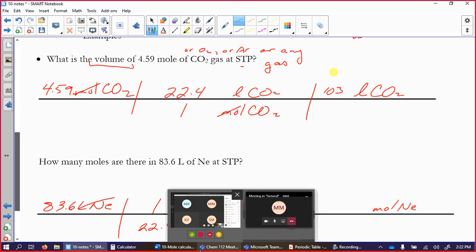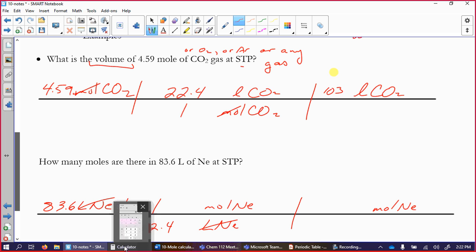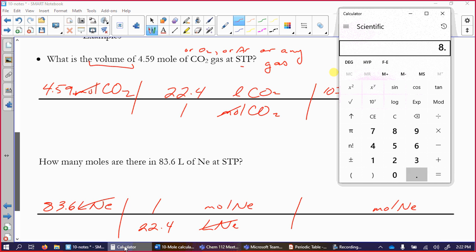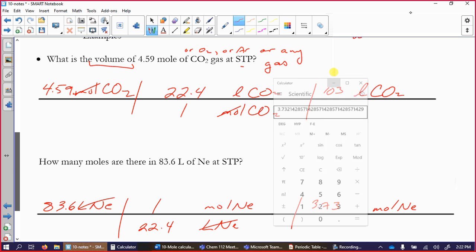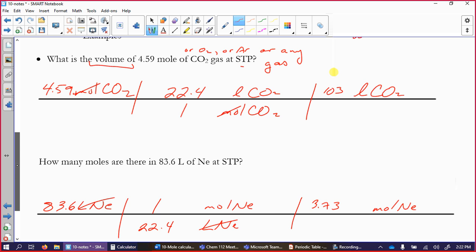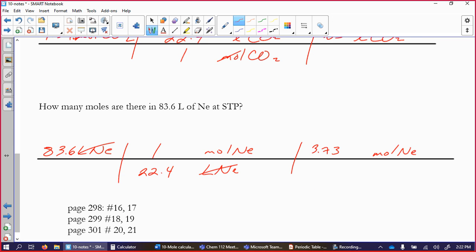I divide that, and we're going to get like 3.8 or something. 3.73 moles of neon. And those are questions that involve this sort of thing.